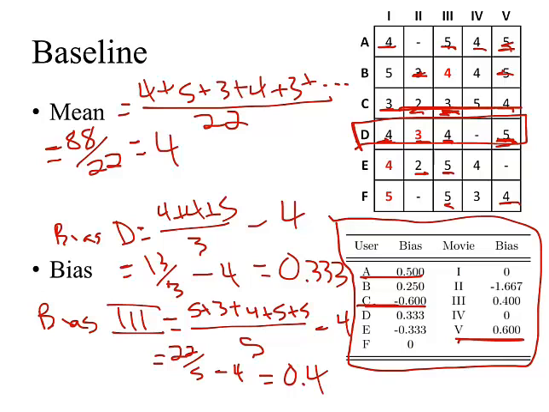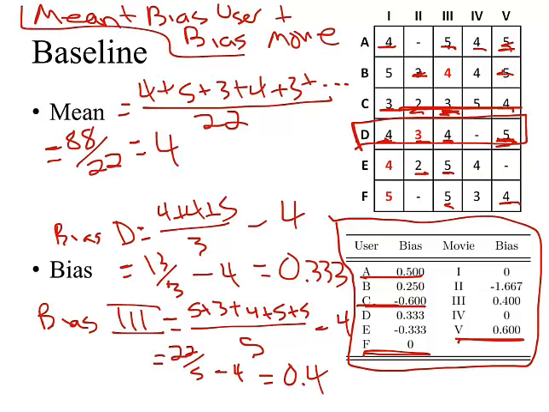And in fact, F has no bias at all, so the average of F is the same as the raw average. And if you remember the equation for the baseline predictor for a given user and movie, it's just going to be the mean plus the bias of the user plus the bias of the movie.